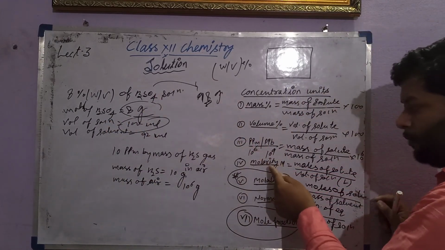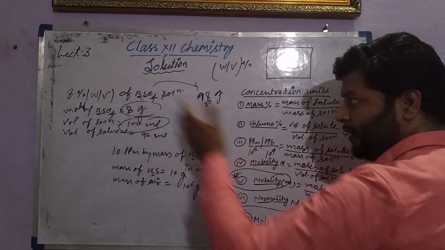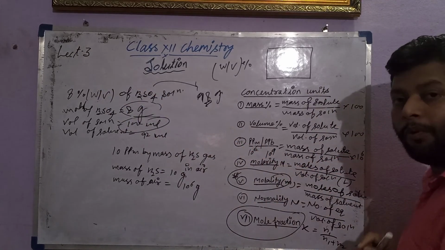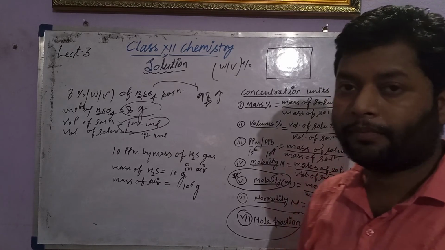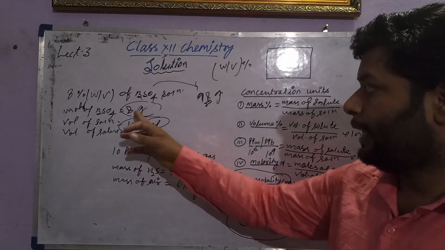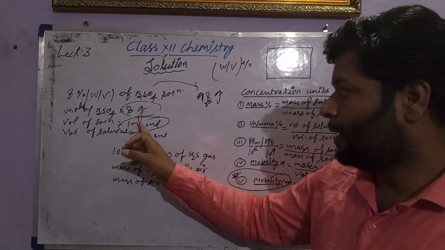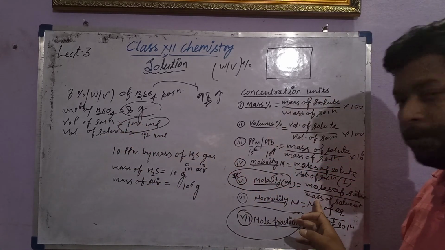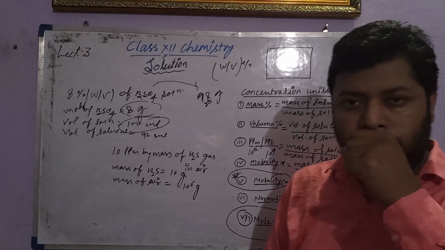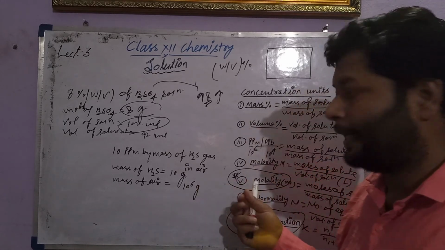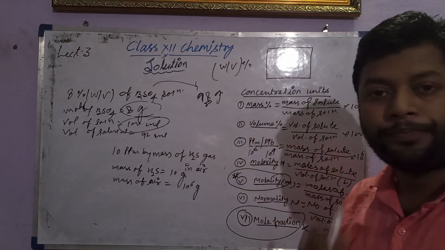So we can convert this mass upon volume percentage into molarity easily. 8 upon 98 will be the moles of solute, upon the volume of solution, 100 ml upon 1000 in liters. So that will be converted into molarity.